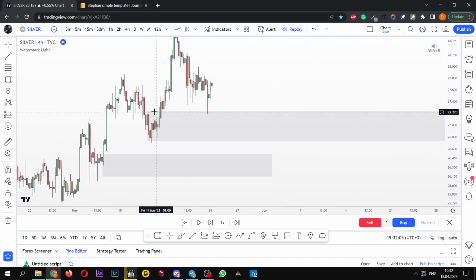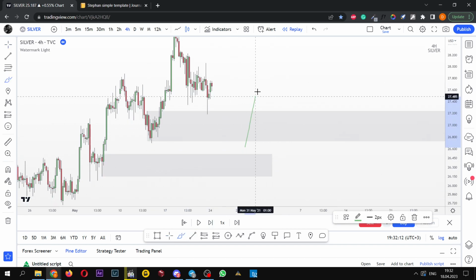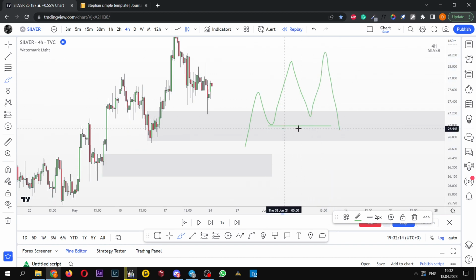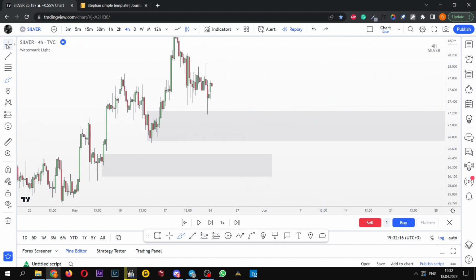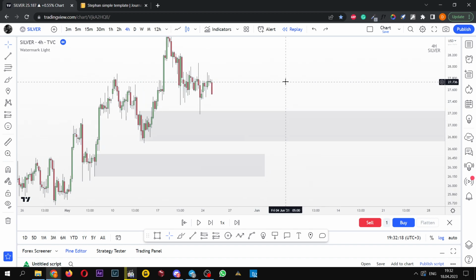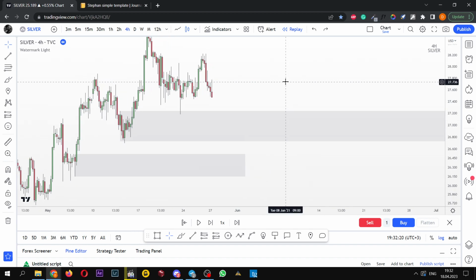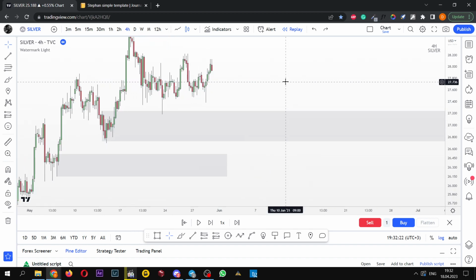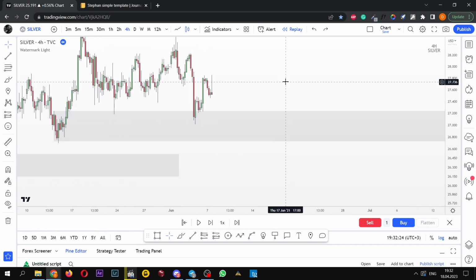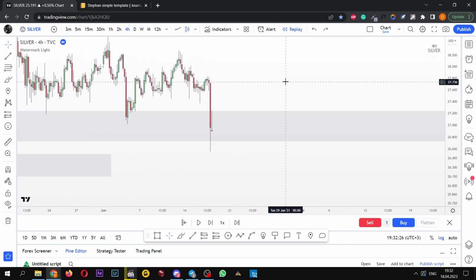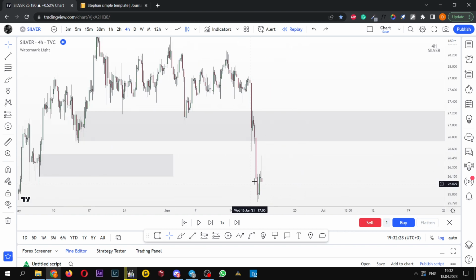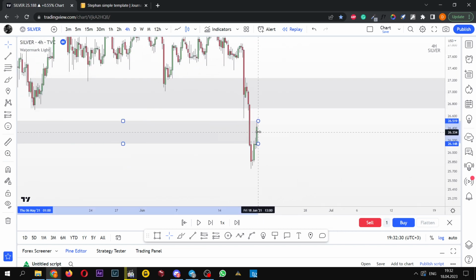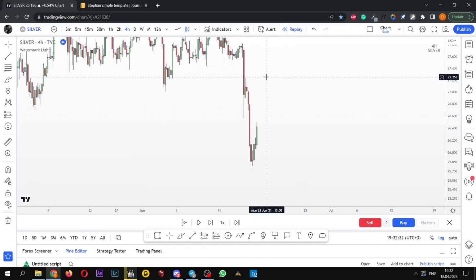So this zone is mitigated. If price goes here, we'll look at this zone inside this classical pattern. Okay, just instant break of a zone, so no confirmation. So this idea is cancelled.